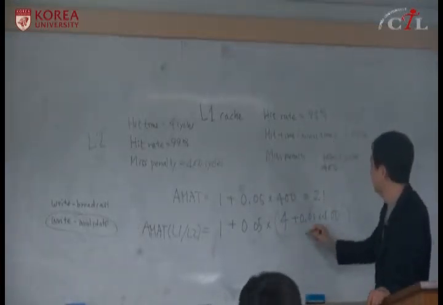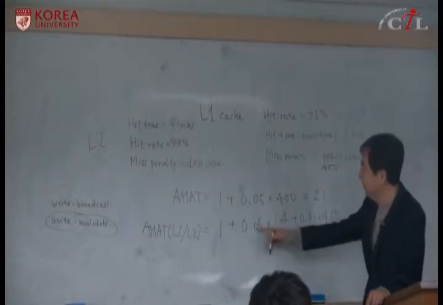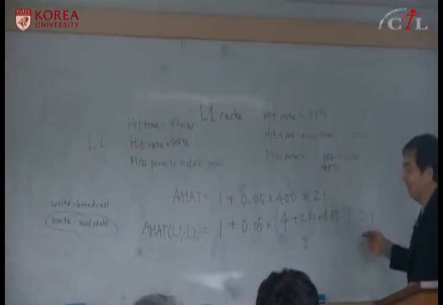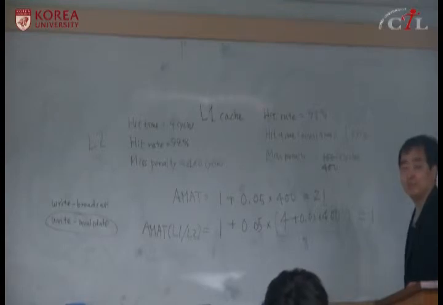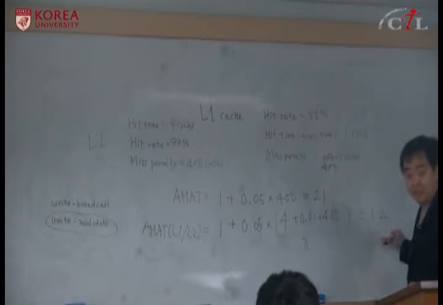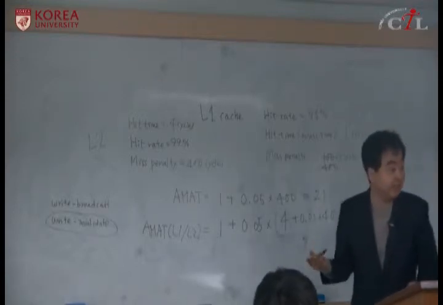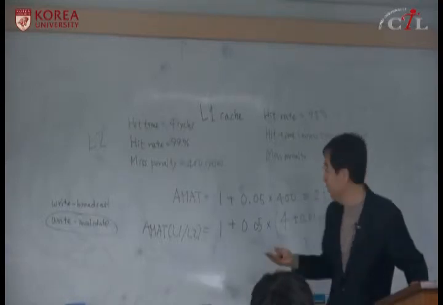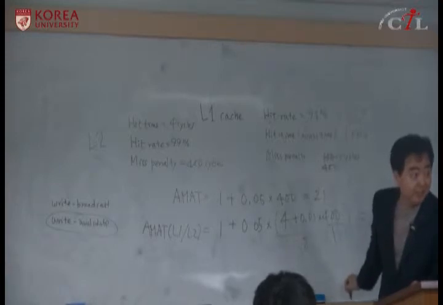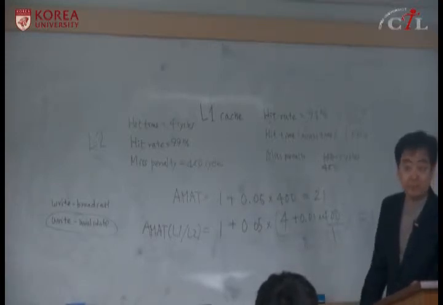So this is 8, and the total is 1.4, right? So by adding another level of cache, you can reduce the average memory access time substantially. That's why we are using multi-level caches. And if it's still too big, you can employ a third level cache here, and then you can reduce it further.